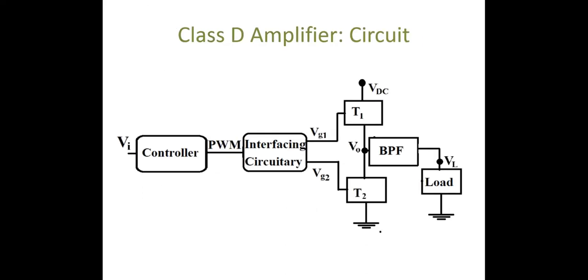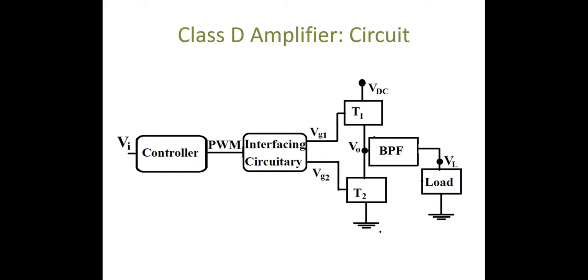So here you can see the basic layout of a class D amplifier circuit. So the input signal is applied at the input of the controller, which is basically a PWM generator. We will discuss more about PWM, which stands for pulse width modulation.